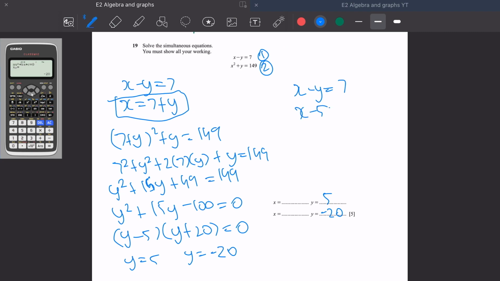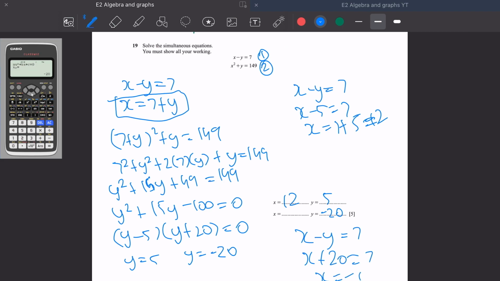So x minus 5 is 7. X is 7 plus 5, which is 12. So this should be 12. Now when y is negative 20, x should be negative 13. Let's just see. 12 minus y is 7, minus y should be, yeah.